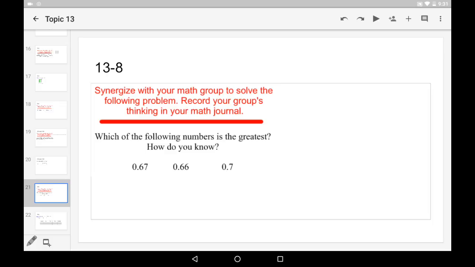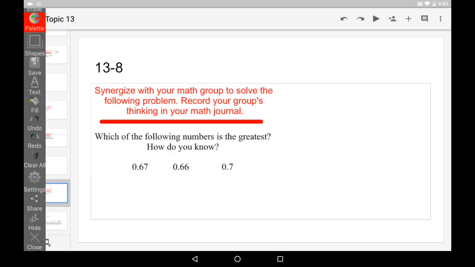So we are on our last video for topic 13, and we are going to be looking at ordering and comparing decimals. Now we've looked at ordering and comparing whole numbers, okay? We've looked at ordering and comparing fractions. Now we're going to look at those decimals, determining which number is bigger, which number is smaller.